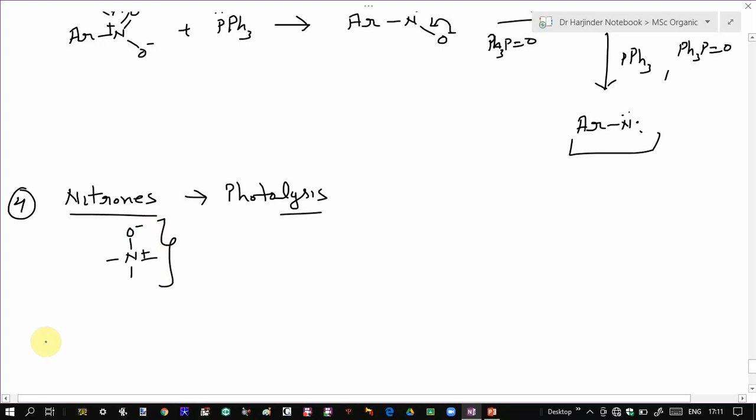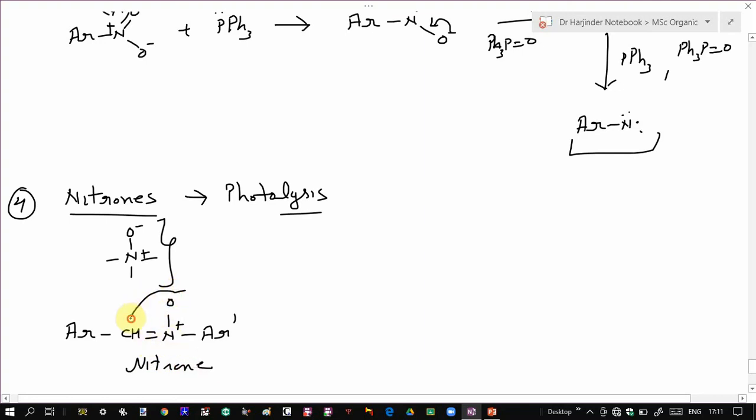For example, if you have this molecule, this is your nitrone. There is a negative charge over here and a positive charge over here.